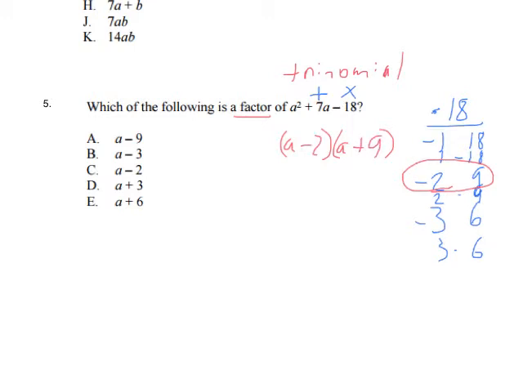Just to make the problem trickier looking, and to make sure you really know what you're doing, a minus 2, a plus 9, we don't have both of those things over here. We only have one of them correct, and that's C. So that thing right there. The a minus 9, that thing right there, is just to distract you, just in case you chose the wrong pair. Done.